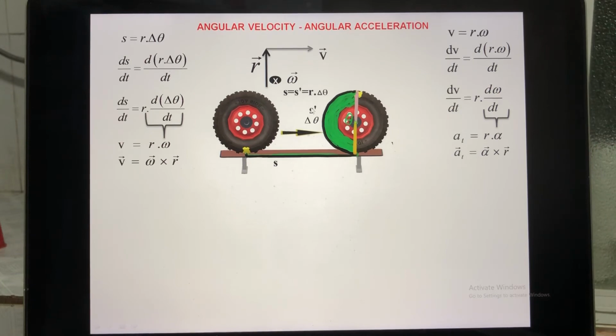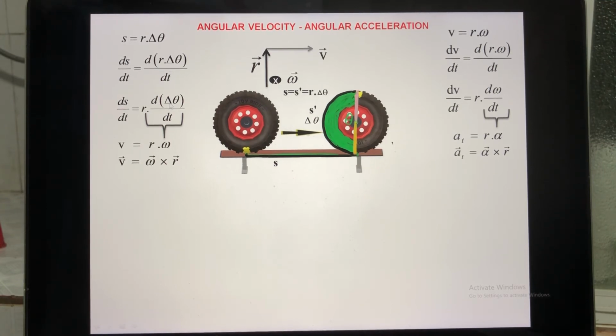Okay, so the conclusion for this half of the slide is the formula for angular velocity and the formula for how to calculate the angular acceleration. This one is actually instantaneous.